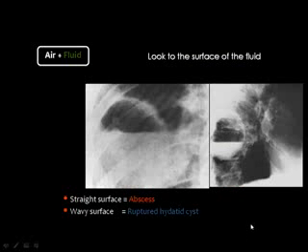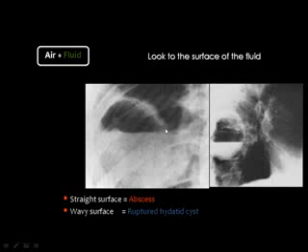Then what about the cavity with an air fluid level? This is the regular lung abscess. You see a cavity with an air fluid level, and the surface of the fluid level is straight. But in other cases the surface of the fluid level is wavy, and this is the possibility of a ruptured hydatid cyst. Whenever the hydatid cyst ruptures, the daughter cysts try to float on the surface of the fluid level.